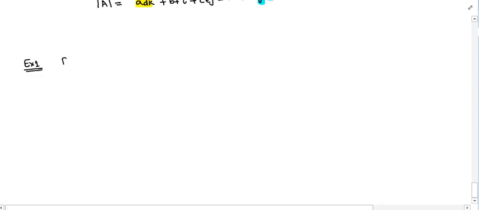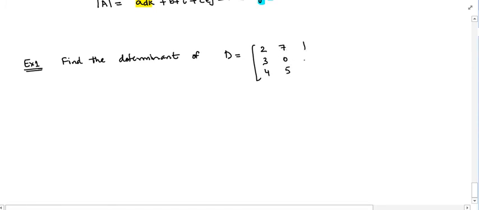Find the determinant of matrix D, which is say 2, 3, 4, 7, 0, 5, 1, minus 1, 2. So let us solve it by the second method.